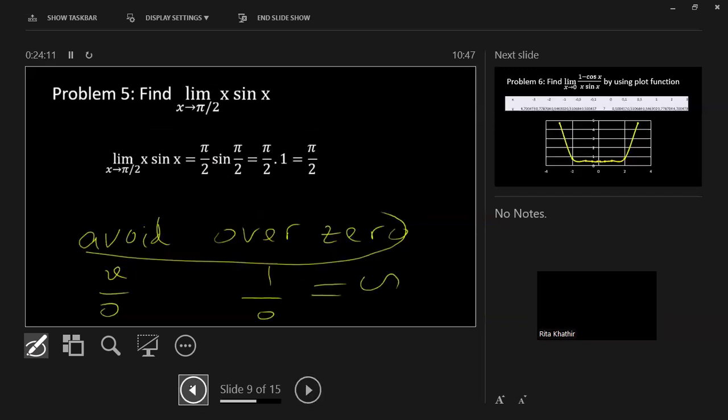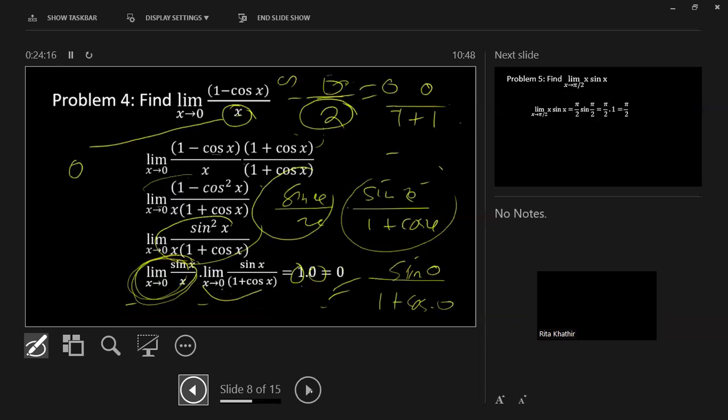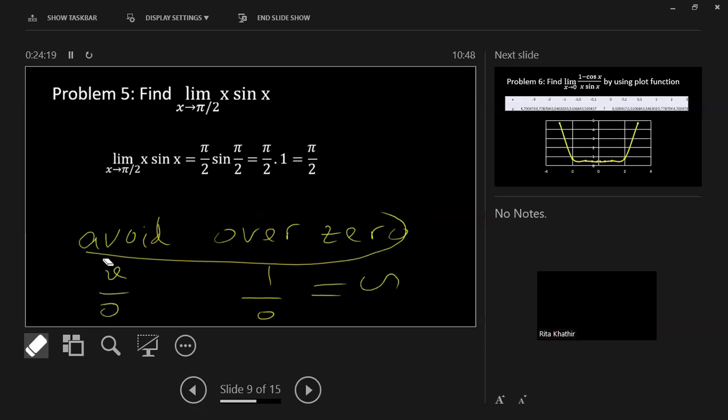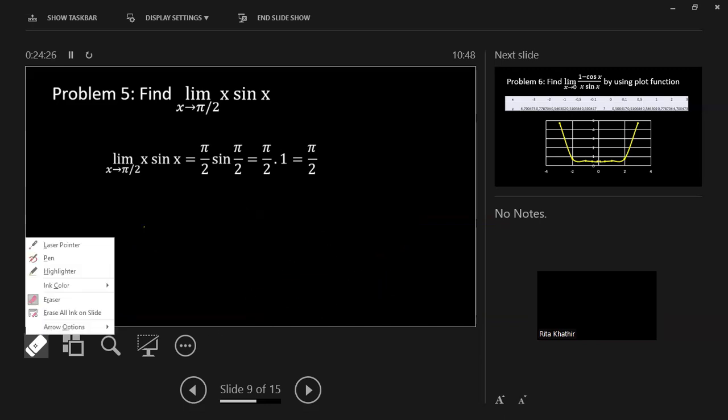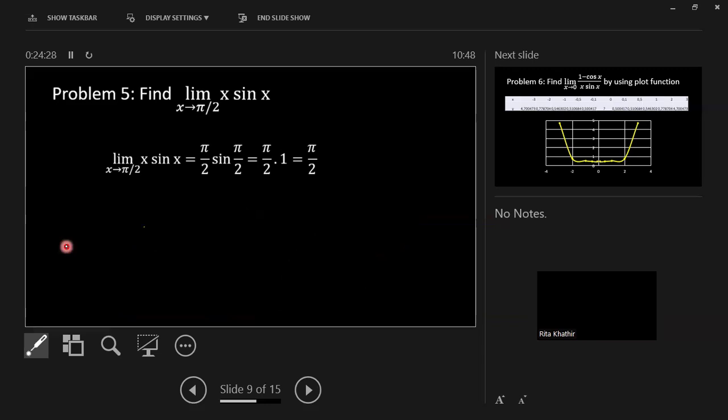Okay, this is problem 5. Find the limit as x approaches pi over 2 of x times sine of x. In this case, we can directly try to replace x by pi over 2.